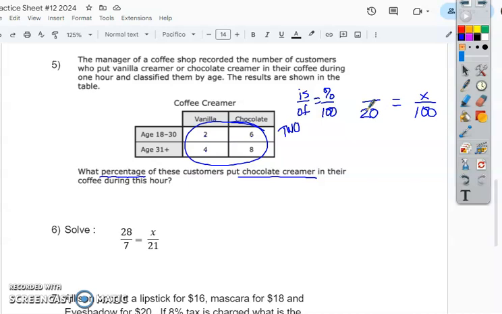What percent put chocolate creamer in their coffees? I'm just going to go back up and double check that it's not giving me specific ages here. So it doesn't say anything in this question about the age for the chocolate creamer. So for chocolate creamer, I would add 6 plus 8.